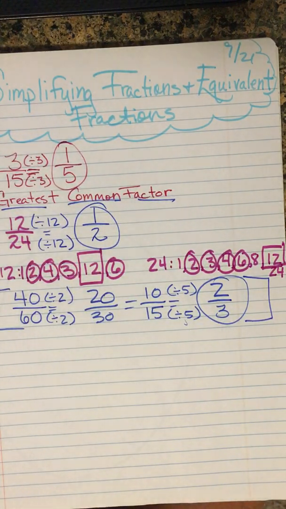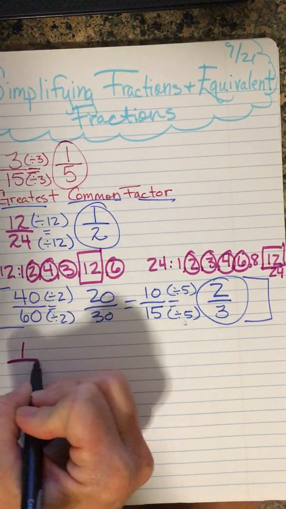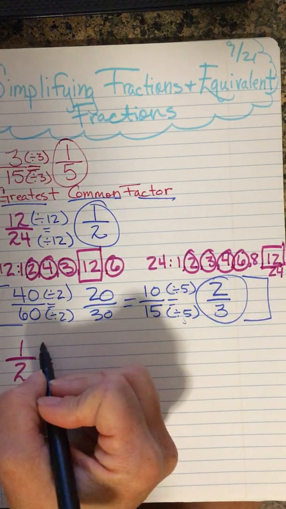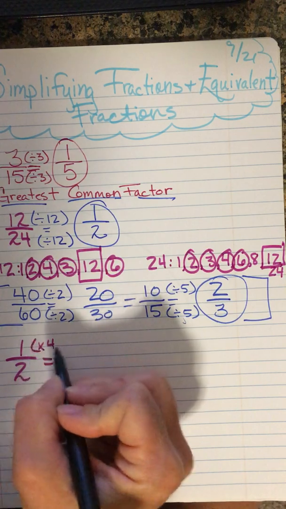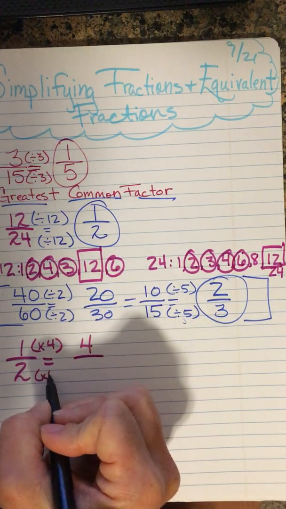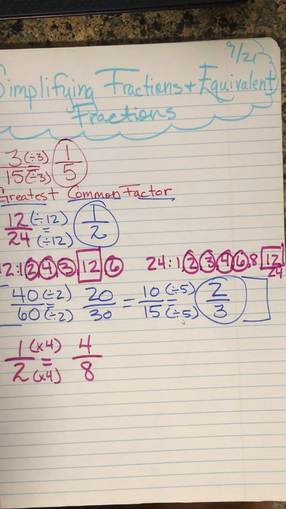The other thing we need to talk about are creating equivalent fractions. So equivalent fractions are when you multiply the numerator and denominator by the same number. So if I multiply this by 4, 1 times 4 is 4, and 2 times 4 is 8, I can create an equivalent fraction.